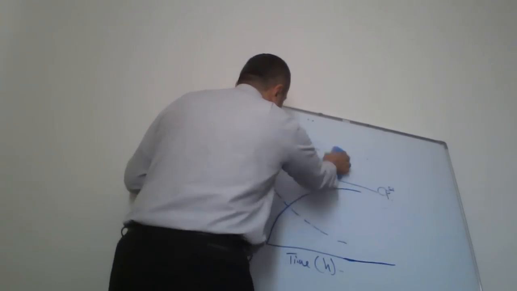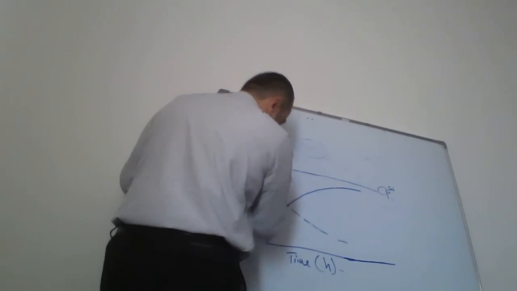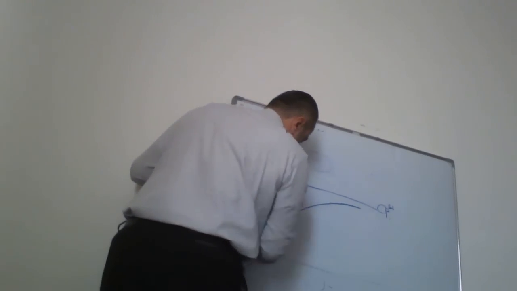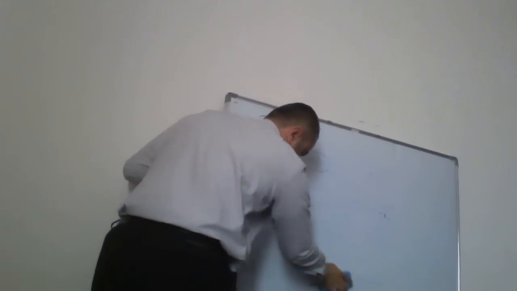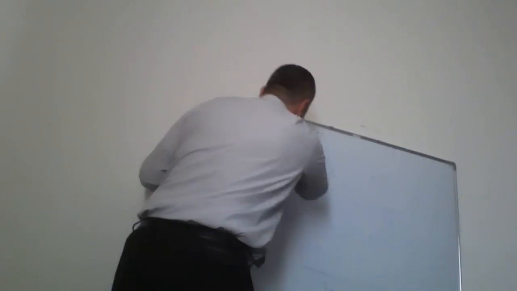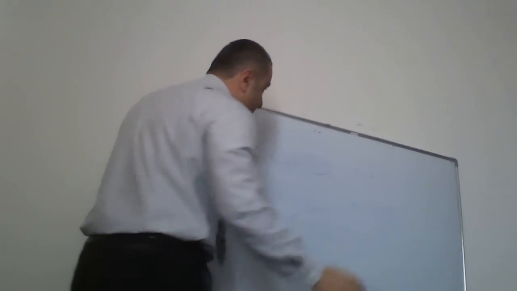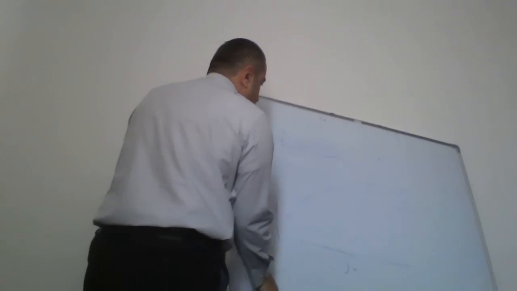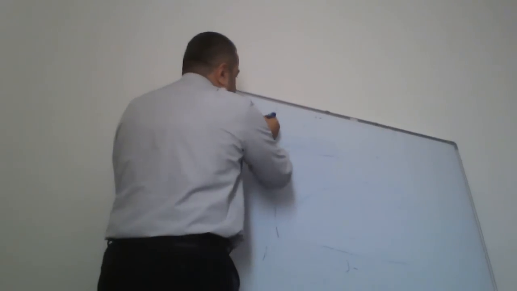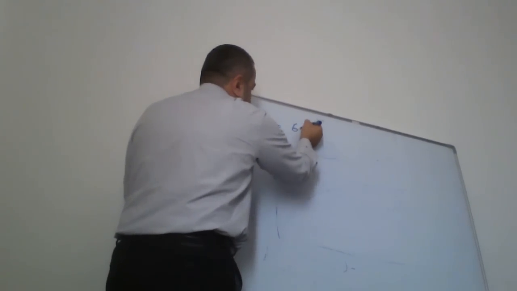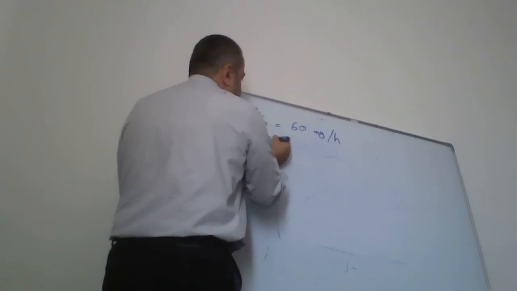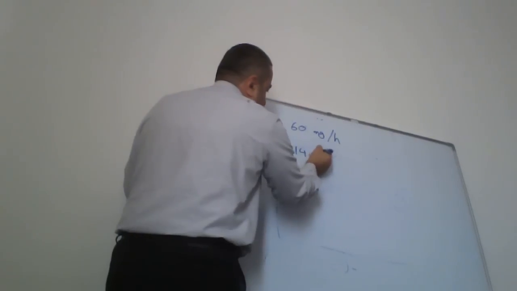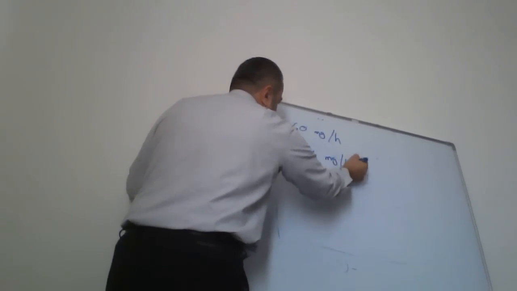So I will go back to the same example. What is the same example? My K0 is 60 milligram per hour, and my CPSS is 14.1 milligram per liter.